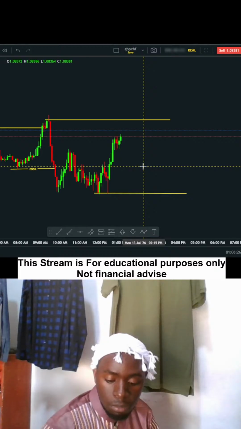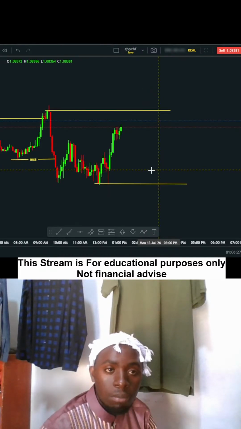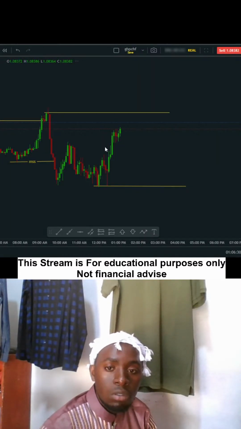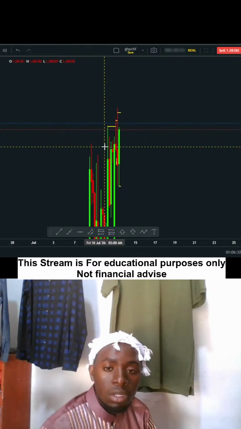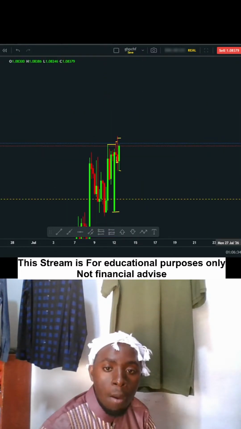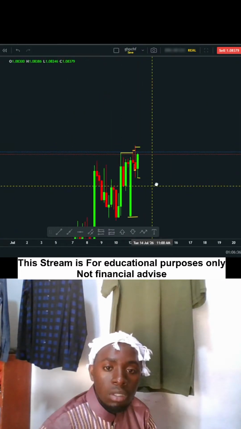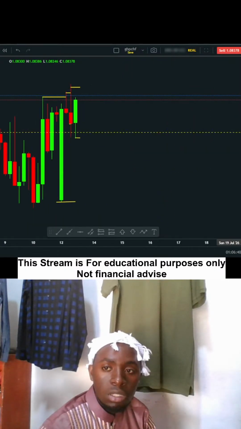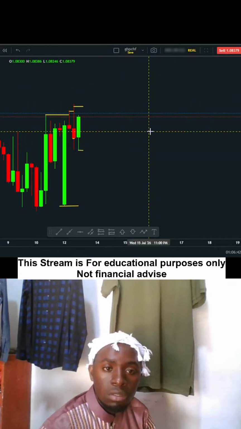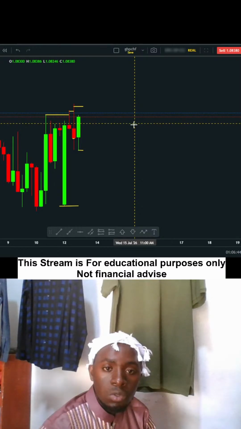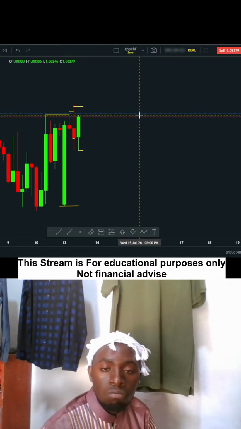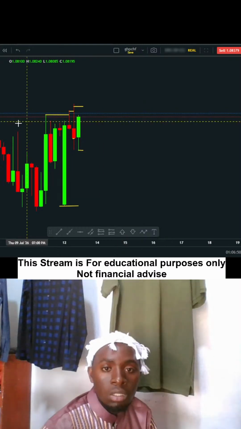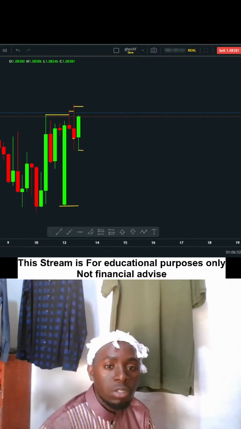But for some reason, let's see what's happening on the high time frame. Even the high time frame is kind of consolidating somehow. So weird. This would be a weird entry, like seriously.